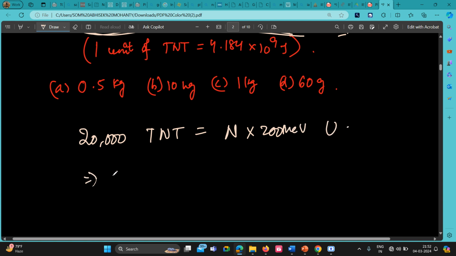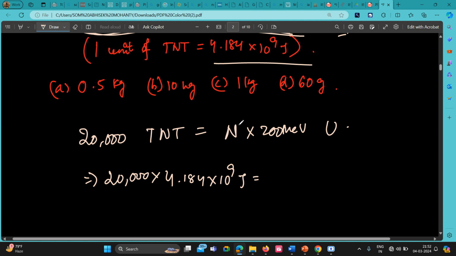So that's the calculation. 20,000 into TNT, 1 unit of TNT is this much. So just put it: 4.184 into 10 to the power 9 joule is equal to N into 200 into mega electron volt, 10 to the 6 into electron volt, 1.6 into 10 to the minus 19 joule.